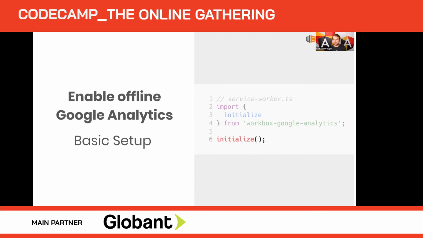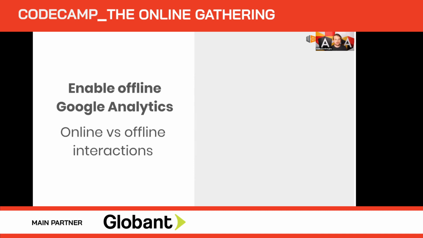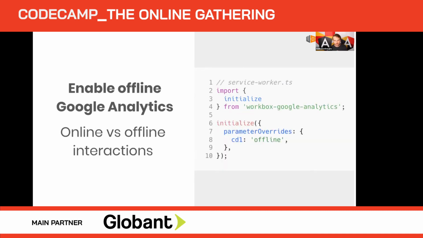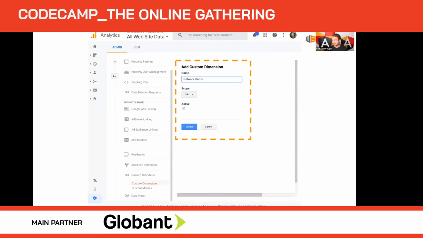This gives you a new metric. You can know which actions were performed when offline. So when you want to know that, you can use a custom dimension that will get sent with the interaction when that interaction happened offline. And the configuration of that custom dimension, it's a Google Analytics thing. You can find the documentation on the Workbox website, and it's pretty straightforward.